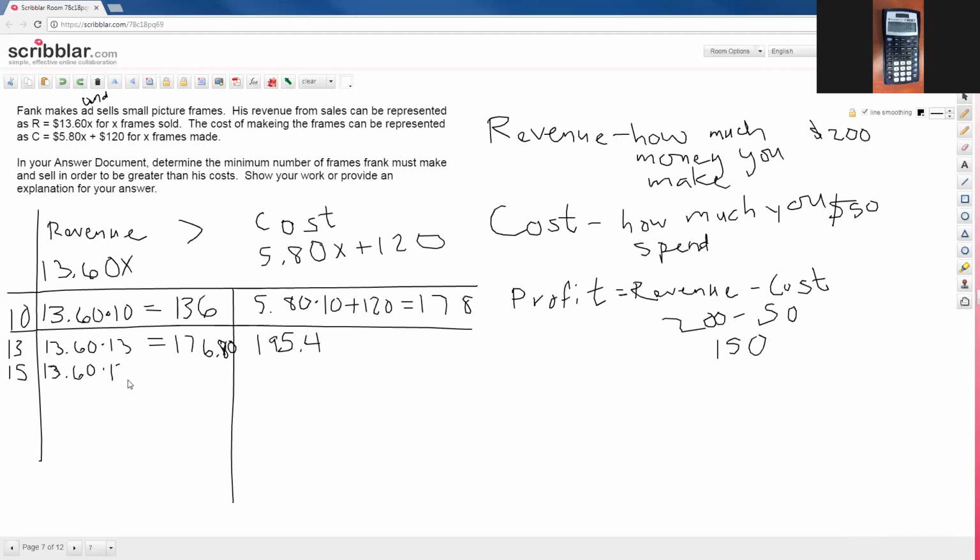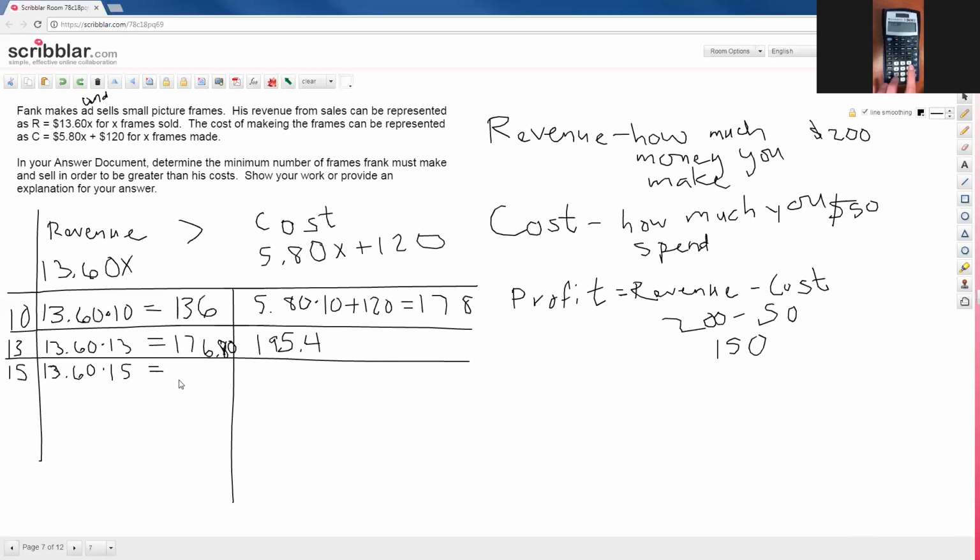And on the exam, I actually recommend writing out this table. Don't make a mistake and write the wrong number here. I wrote 13 instead of 15. You don't necessarily have to write this part, 13.6 times 15, but you definitely need to write the answer you get once you plug it into a calculator.